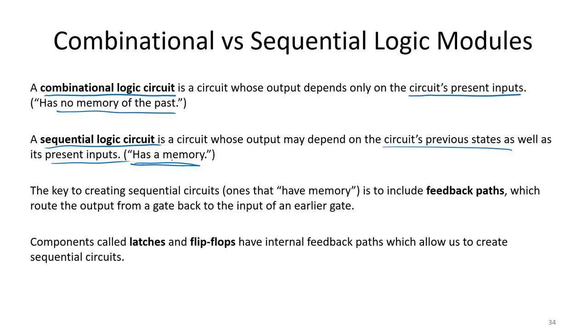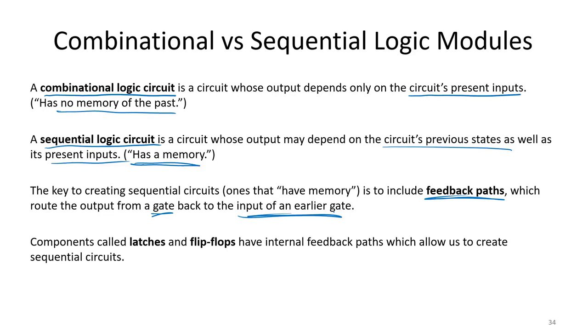To make a circuit have memory, we have to include feedback paths. So we route the output from a gate back to the input of an earlier gate. So if we have feedback loops in our circuits, this allows us to create memory because we are sending data back into the past to influence calculations.